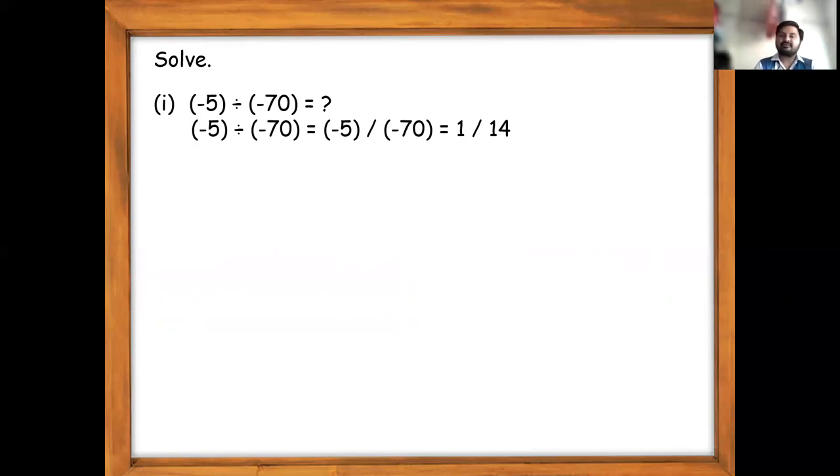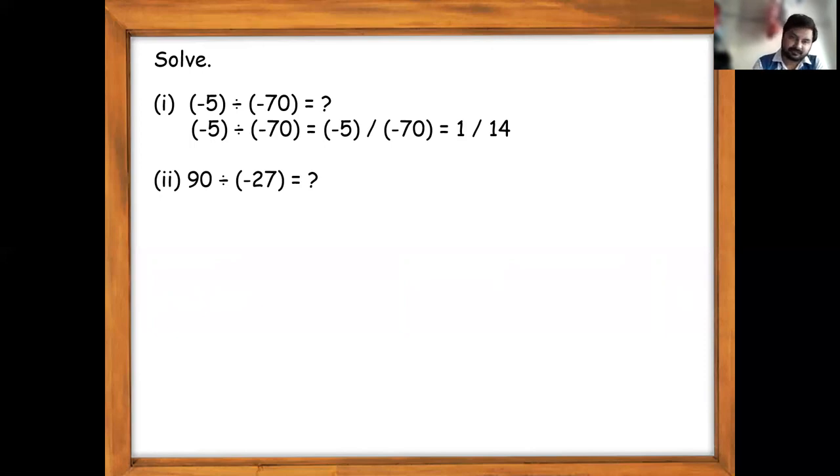And you said the sign of the final answer is positive. Would you like to tell me why? Absolutely correct. When we divide two negative integers, we get a positive integer. This is what we have just learned. Excellent answer, student.